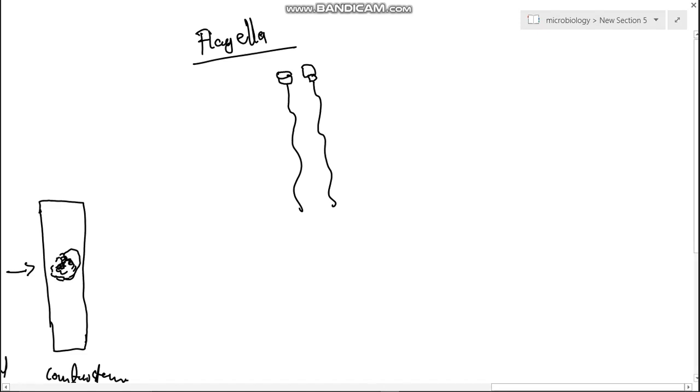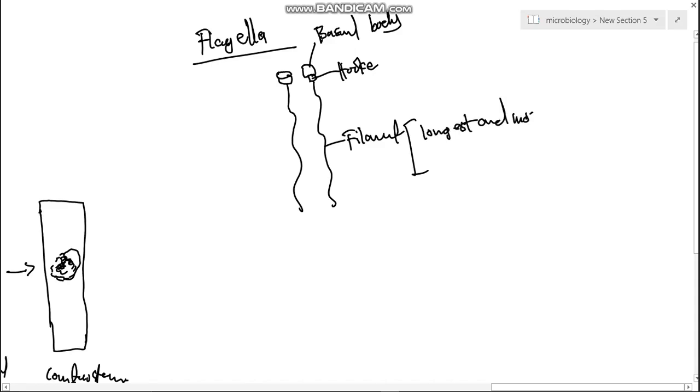Now the flagella has basic parts. First of all, we have the filament, the hook, and then the basal body. The filament is the longest and most obvious.